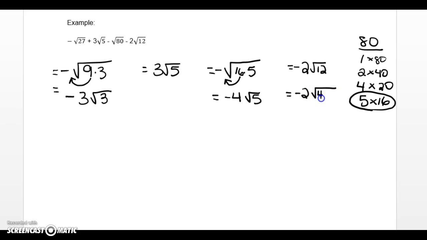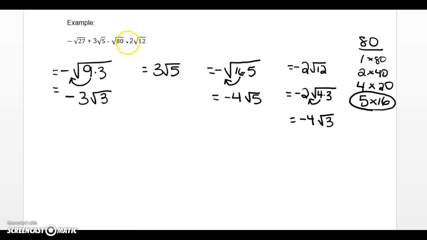We can rewrite this as 4 times 3 and pull out that 4. One thing that's really important is that when you pull it out, because there's a number here, we have to multiply those two numbers. So we take the square root of 4, which is 2. So we go negative 2 times 2 is negative 4, and we get the square root of 3.